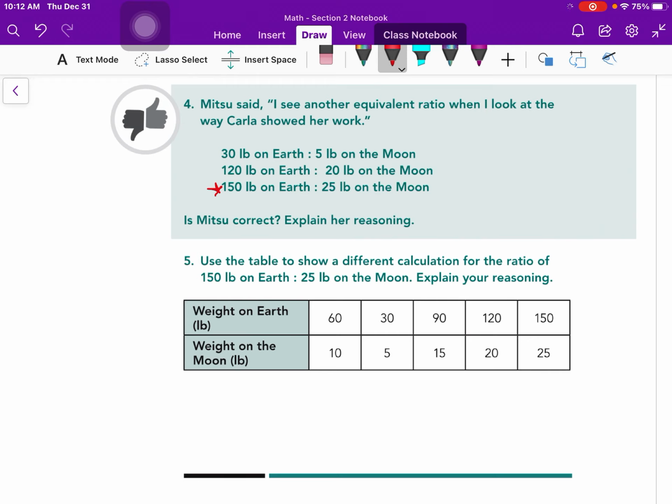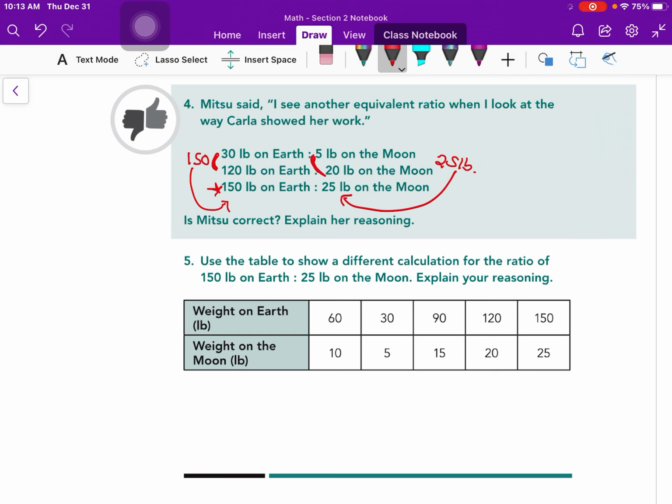Does that work with our table? Use the table to show a different calculation. All right, let's go back up here to 4. If we combine a 30-pound person and a 120-pound person, that would be a 150-pound person. If we combined those same weights on the moon, 5 plus 20, we would get a 25-pound person on the moon.